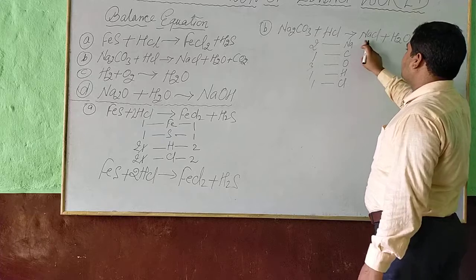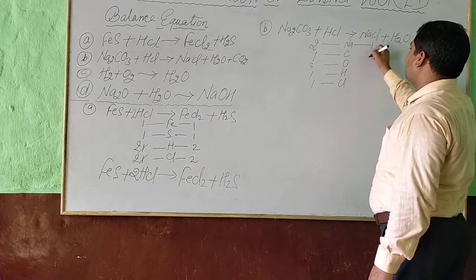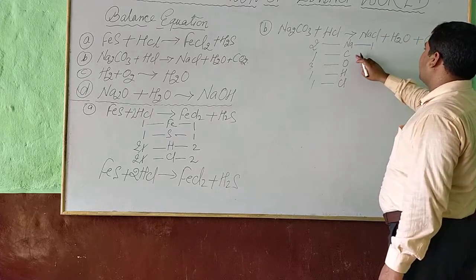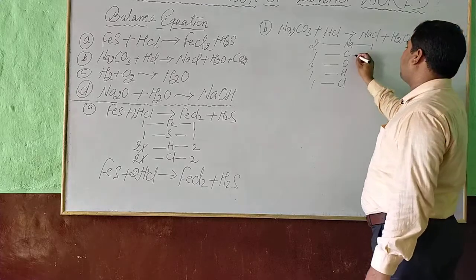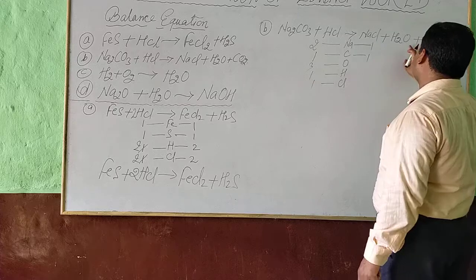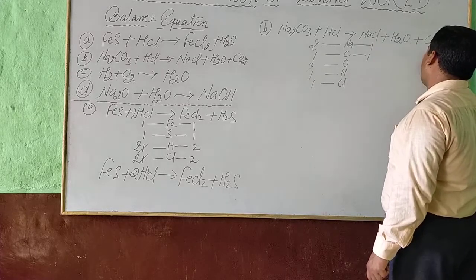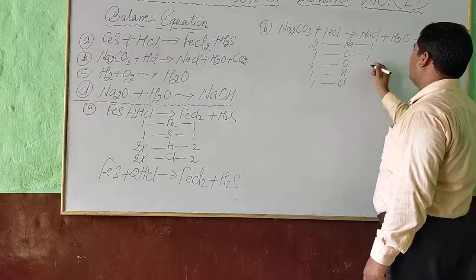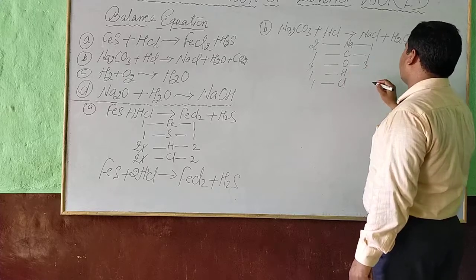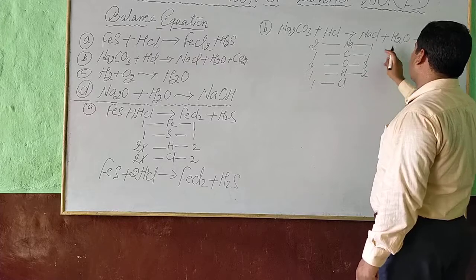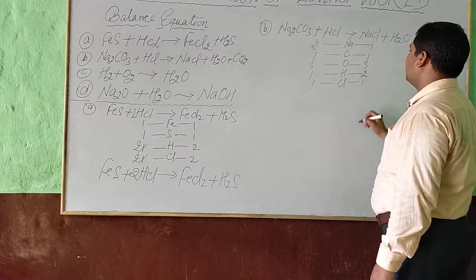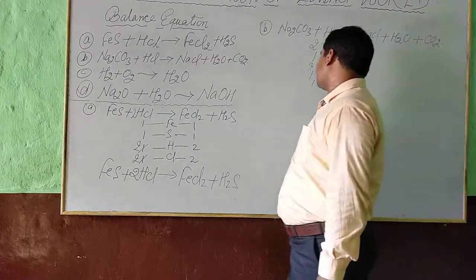You see here sodium in 1 place, so the number of atoms is 1. Carbon 1. Oxygen, dear student, 2 oxygen are here and 1 is here, so all together 3. Hydrogen 2 and chlorine 1. Now you pay attention.